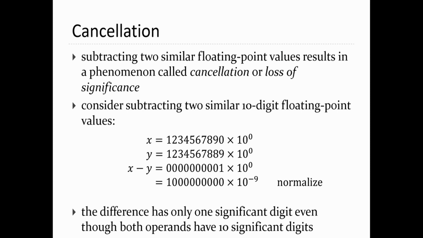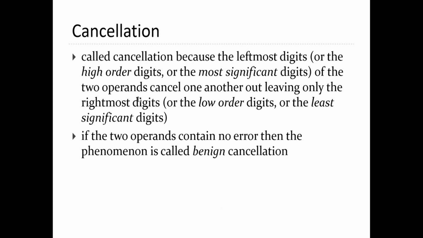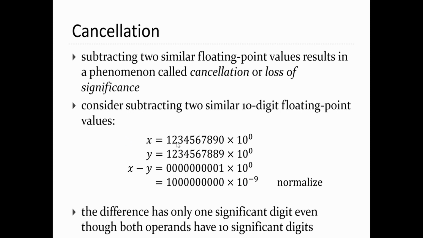So the digits at the leftmost side of the number matter more to the overall value than the digits on the right. If I subtract two approximately equal numbers, all of the leftmost digits go away. They all become 0.